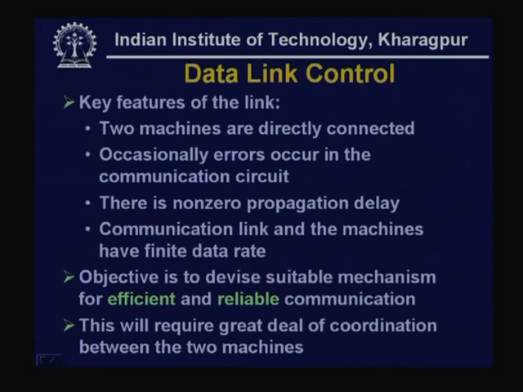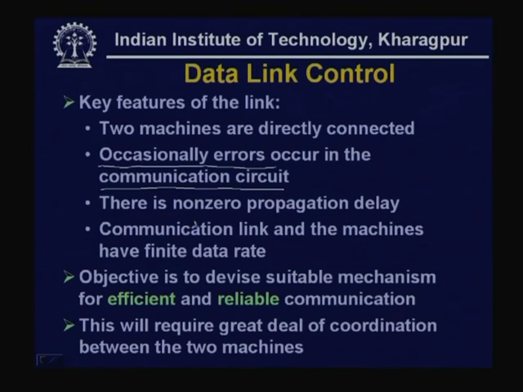Second assumption is that there will be occasional errors in the communication circuit. There will be some errors, but obviously the probability of error is quite small, and as a result it will occur occasionally, not frequently.